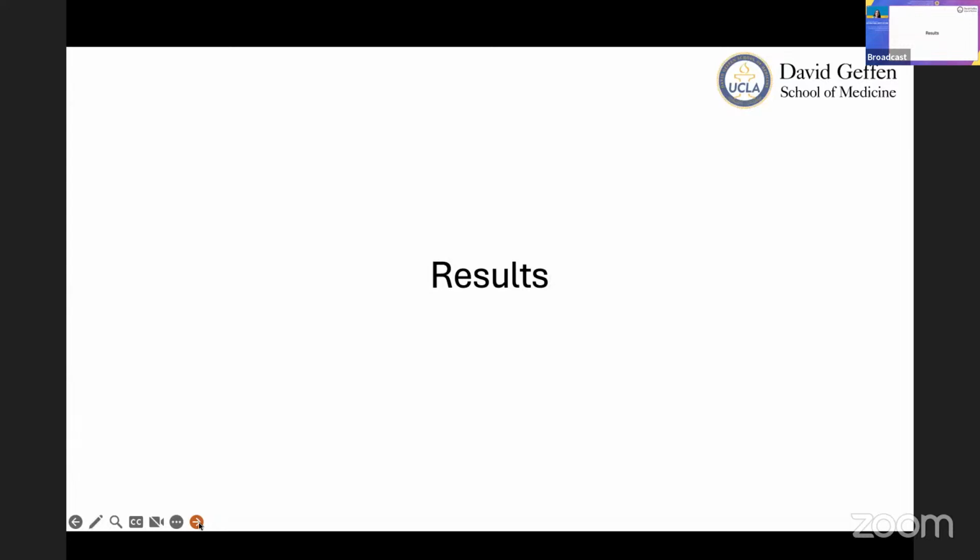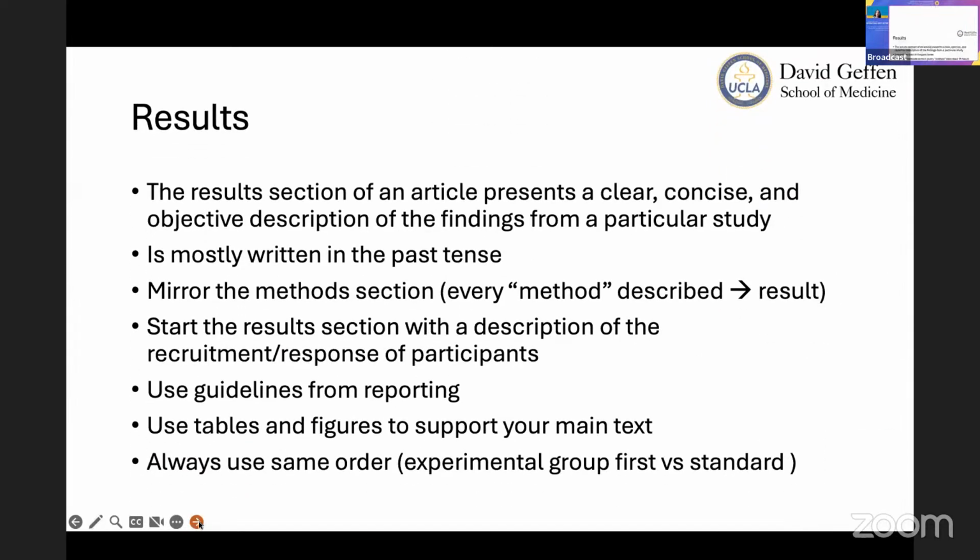All right, so moving on to the other main part of the paper, which is our results section. The results section of an article should provide a clear, concise, and effective description of the findings from any study that you're writing up. Usually the results are written in the past tense, because you've concluded the study, and that's why it's always written in the past tense.